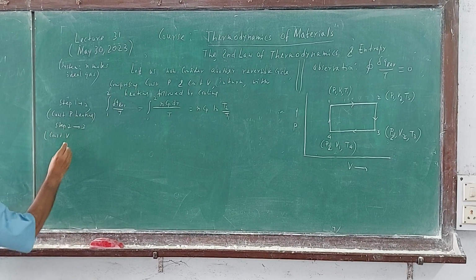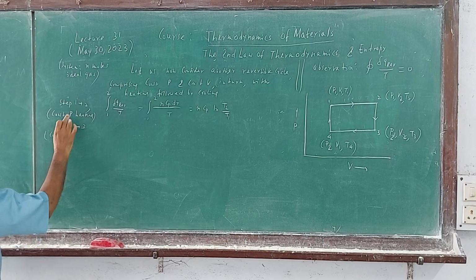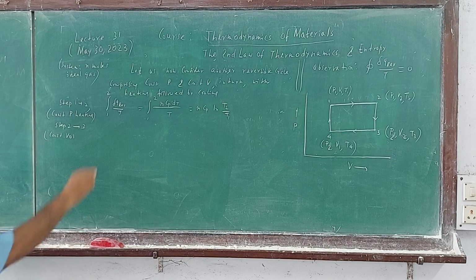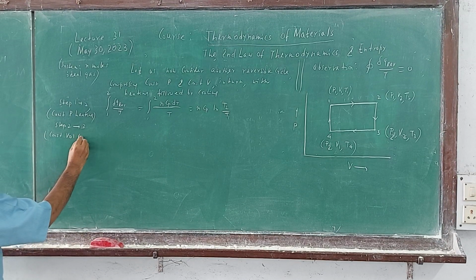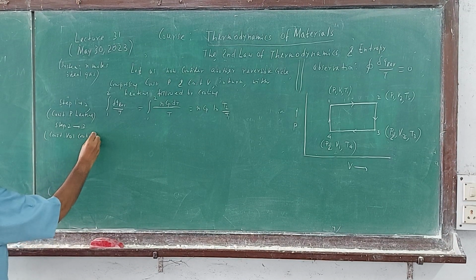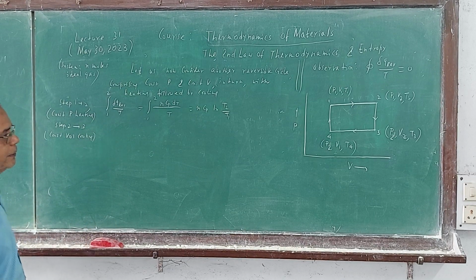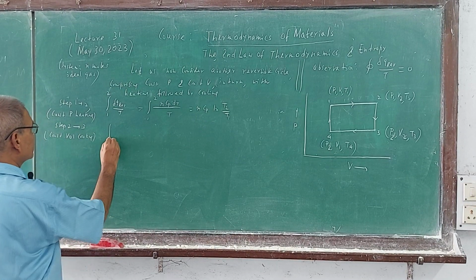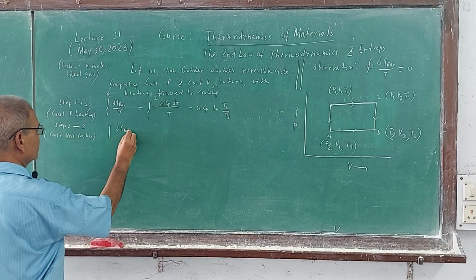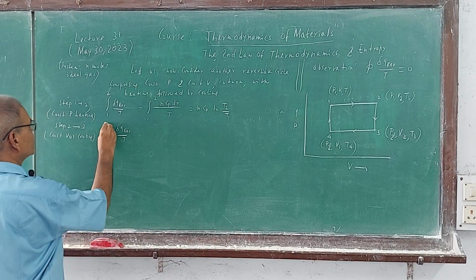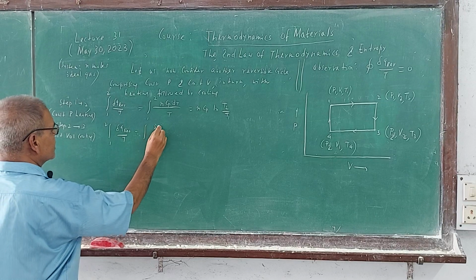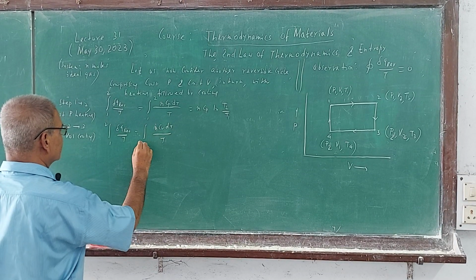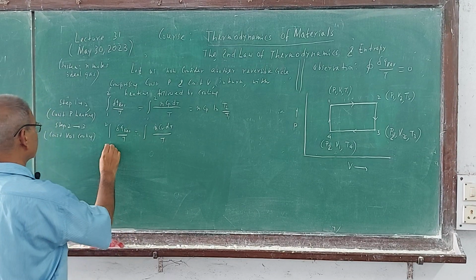This is cooling, because pressure has fallen, which means temperature has fallen. So, quickly, dq reversible by T: 1 to 2 is n Cp ln T2 by T1, and for 2 to 3, this is constant volume.